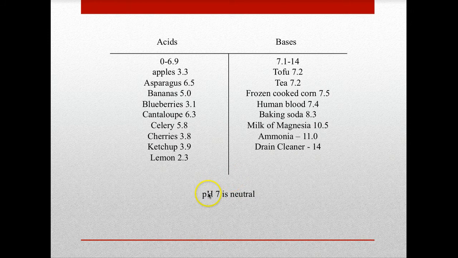So anything from 0 to 6.9 is going to be considered an acid, and 7.1 to 14 is going to be considered a base. And the midpoint starts at 7, and as it goes toward 14, it gets stronger and stronger and stronger base. And as it goes toward 0, it gets stronger and stronger and stronger acid.